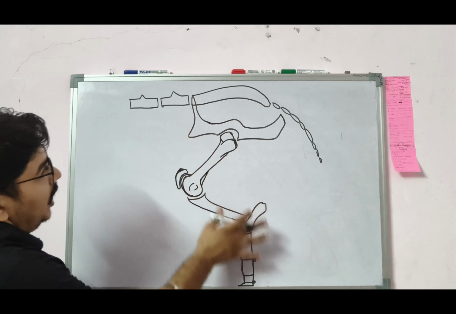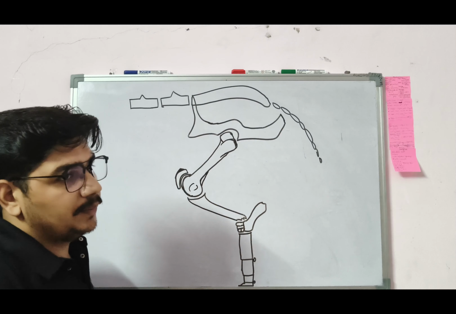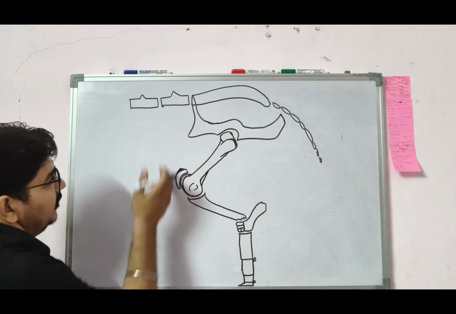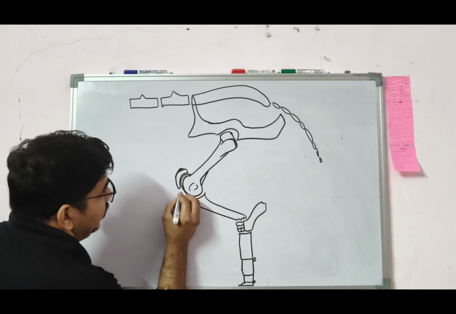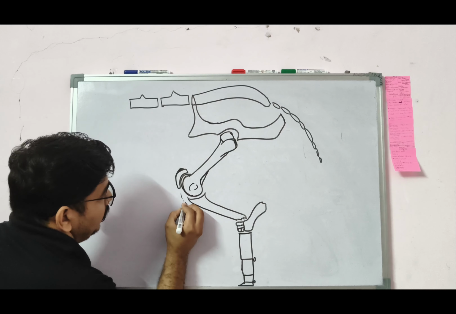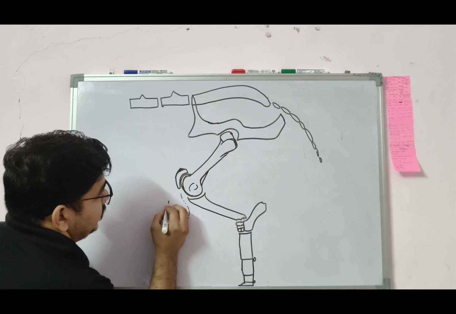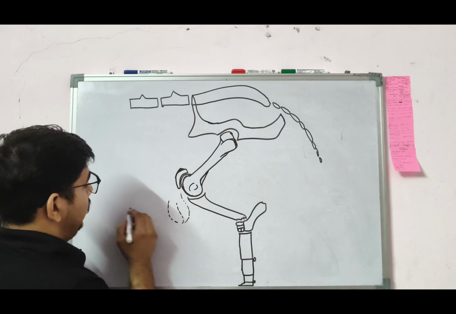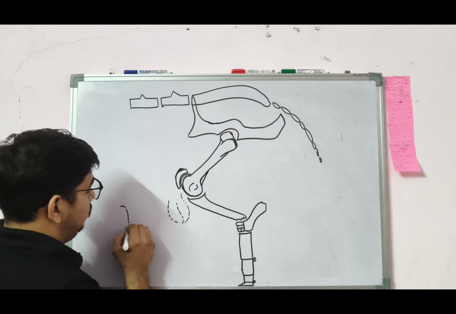So this is the hind portion of the cattle. If you can see, this is the stifle joint, and near the stifle joint, this is the flank region, and here, if it is male, it has testis and scrotum, and if it is female, it has udder.